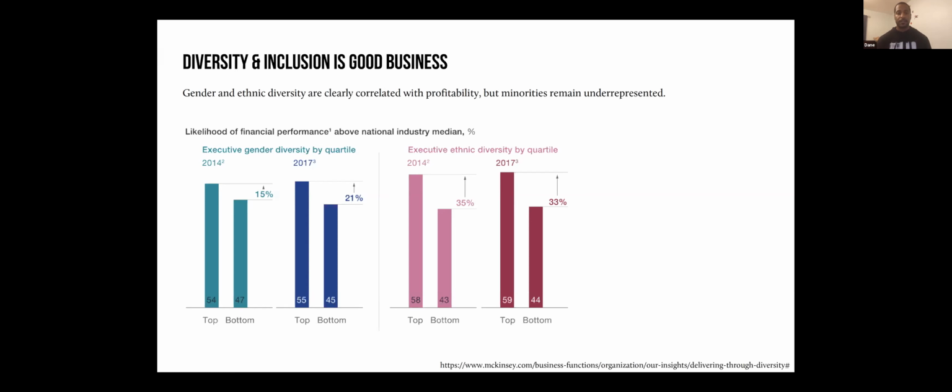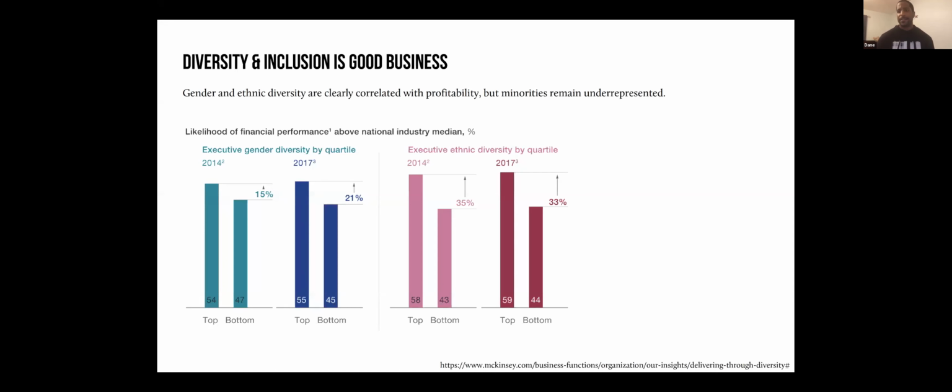I know this chart can sometimes be a little harder to read, but they're saying that as of 2017, there is a 21% improvement in financial performance when there's more executive gender diversity. And when there's that ethnic diversity, there's a 33% improvement in financial performance above that industry mean.